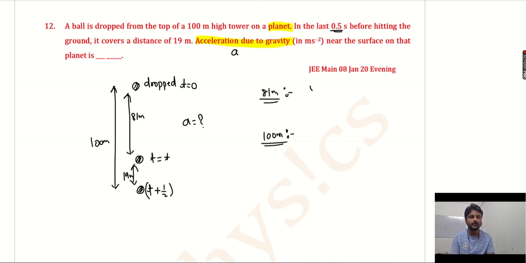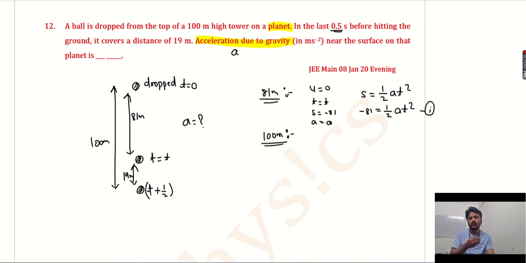See, for 81 meter u is equal to 0, time is small t, displacement is equal to minus 81, and we don't know the acceleration. Let's say acceleration is a, we can write s is equal to ut plus half at square. So minus 81 is equal to 1 by 2 a into t square. This is equation number 1. Similarly, solve for 100 meter. Compare both the equations, you will get the answer.